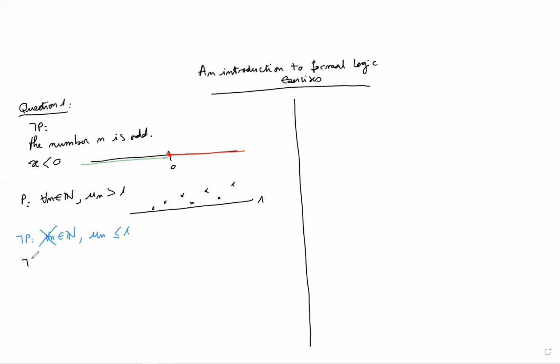So not P is: there exists a rank or an index for which the term un is not above 1. It's 1 or below. So this is a very important mistake. If you made it, write it down and you will have to analyze it.